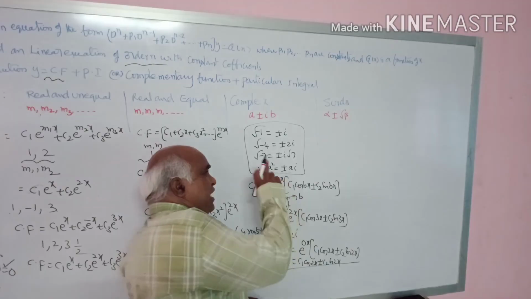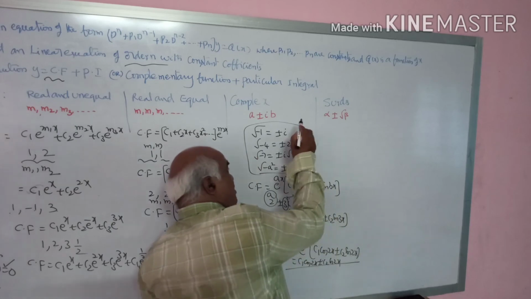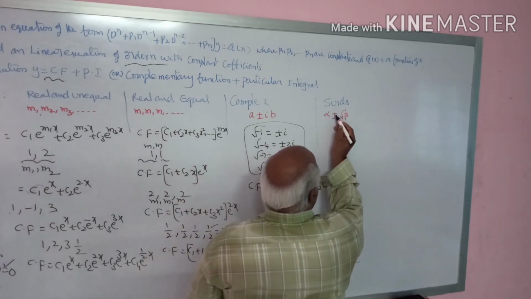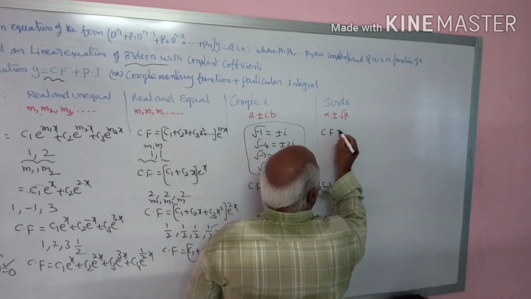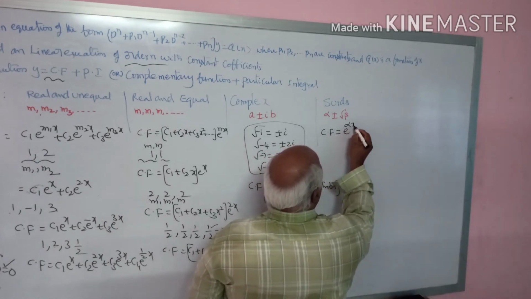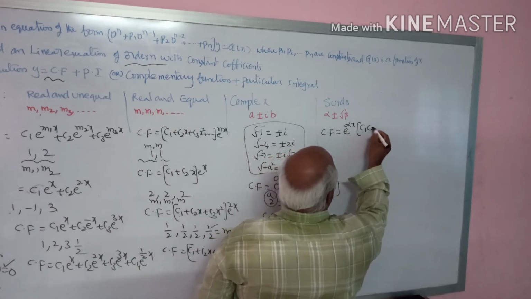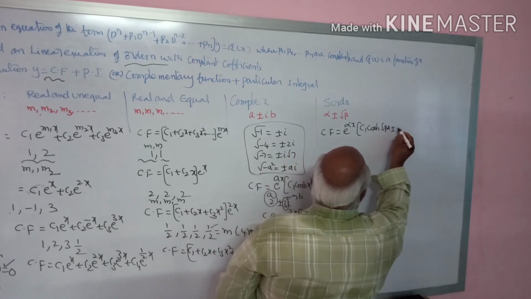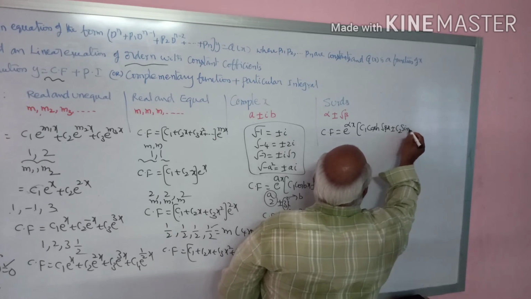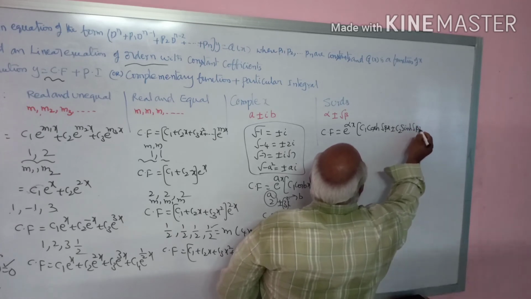Coming to the last, if the roots are surds, that means alpha plus or minus root beta, then the complementary function is equal to e to the power of alpha x into c1 cosh root beta x plus or minus c2 sinh root beta x.